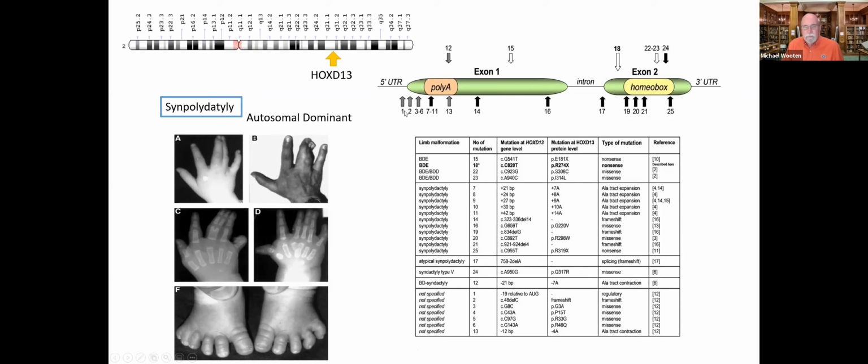Each one of these little things shows you some of the places. Here's a location that's non-specific. Here's one that's a frameshift at 14. So you can either be in exon 1 or exon 2, part of the homeobox or not part of the homeobox. All right, so those are all ones that are associated with Hox systems.